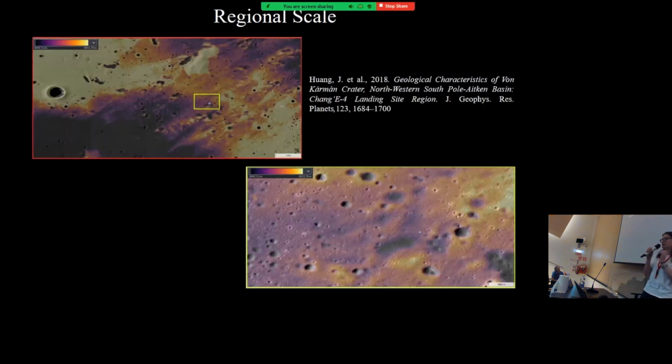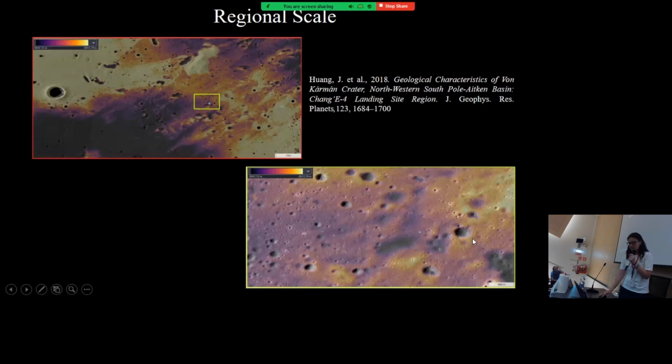Recently, Chang and others in 2018 described the geological setting of this area, especially in terms of Vincennes ejecta. In fact, they found the dominance of Vincennes ejecta rays on this entire area, and we can see it on these two images.